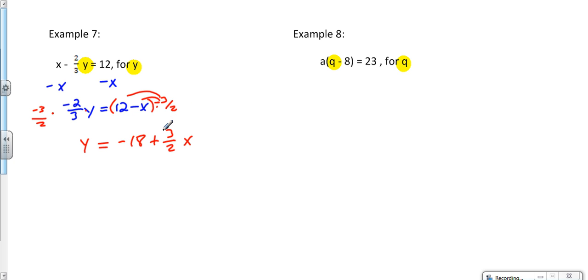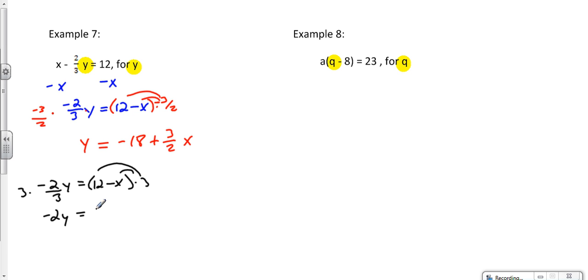So I would take either one of those. I'm going to take a brief shortcut here real quick and look at one thing. You could take both sides times 3 and get negative 2y. Now if I take the right side times 3, I got to distribute.